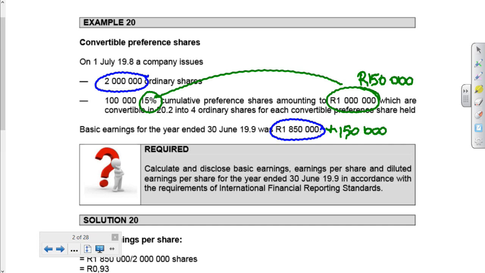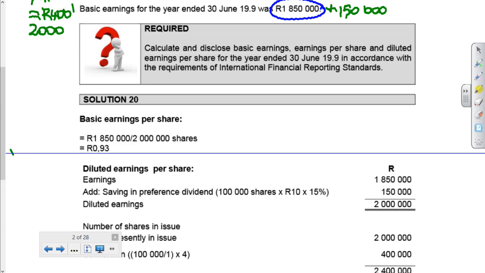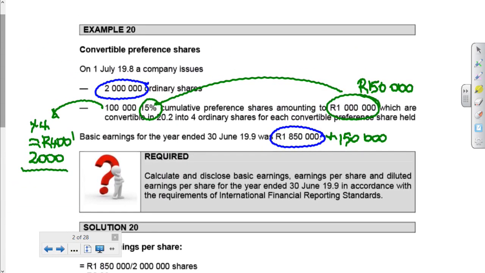And it says that they are convertible into 4 shares for every pref. So this is going to convert times 4. It will convert into 400,000 shares plus the 2 million odds that I currently have in issue, will give me a total of 2.4 million shares.